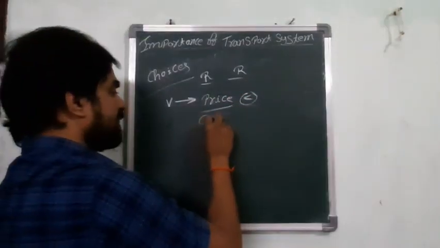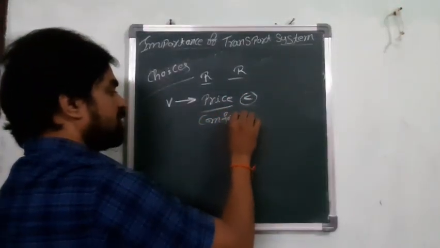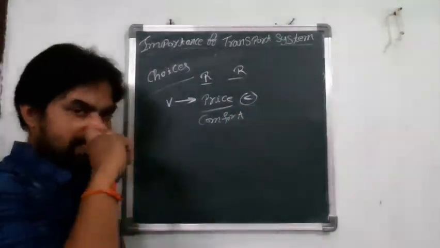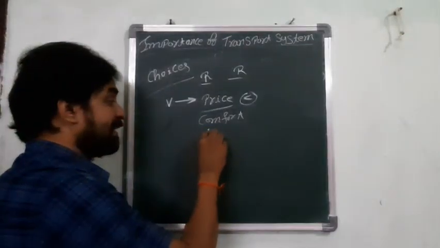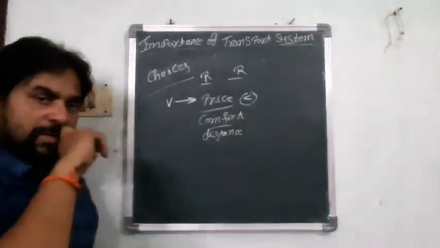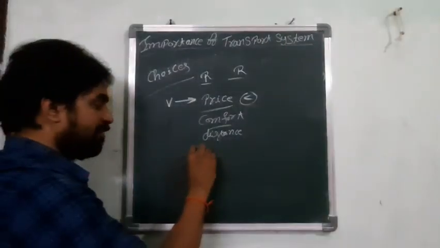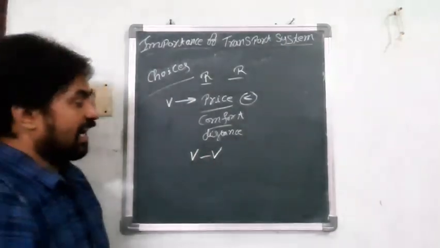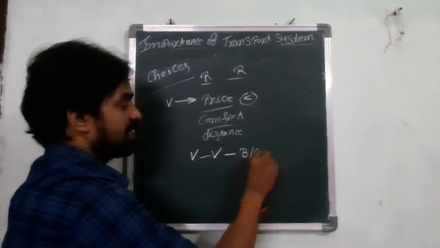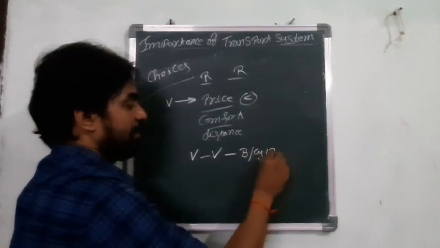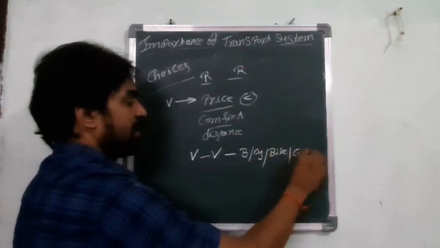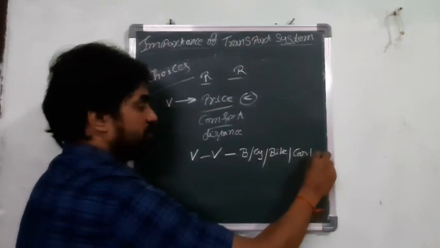Next, we look at comfort. Which one is good? And also we will decide based upon the distance. For example, if I am traveling from one village to another village, I like to choose a bus or a cycle or a bike or a car, or sometimes I'll go on foot.